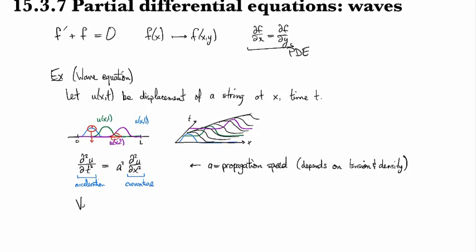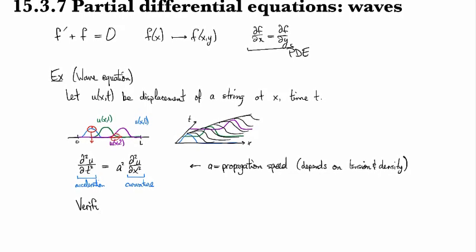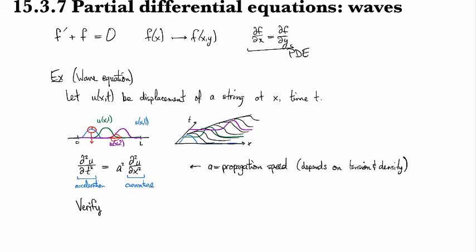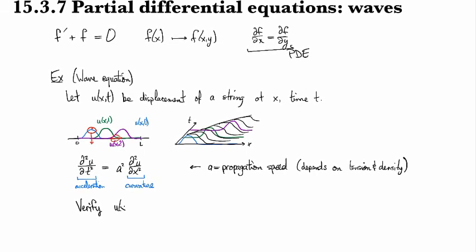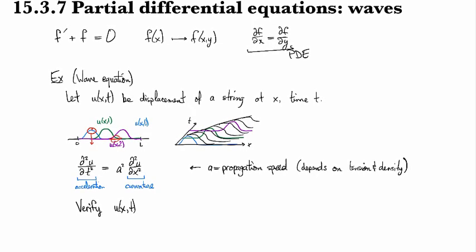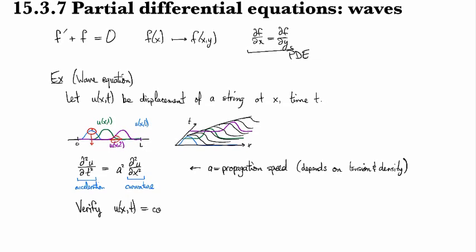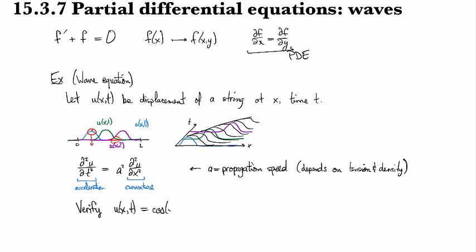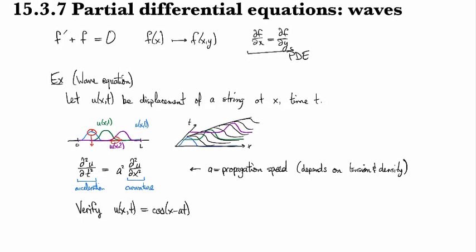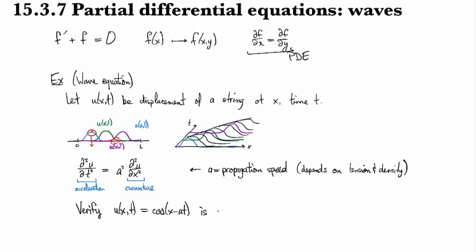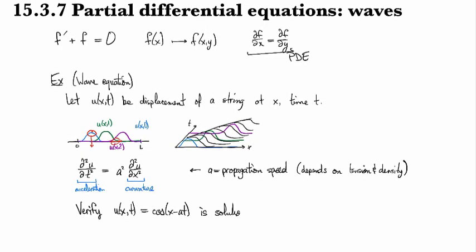Leaving that aside, we're not going to worry about where that equation comes from or try to solve it, but how do you verify that a given function is a solution? If we take cosine of x minus at, let's verify that this is a solution.